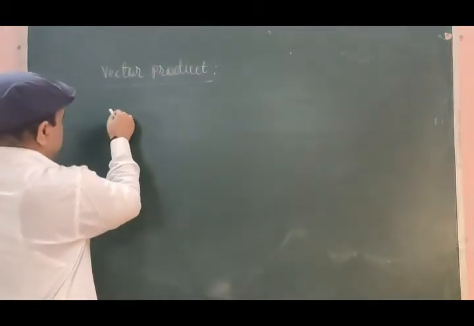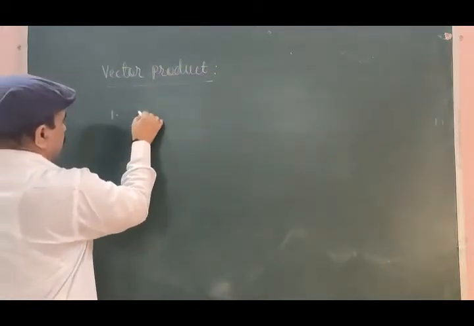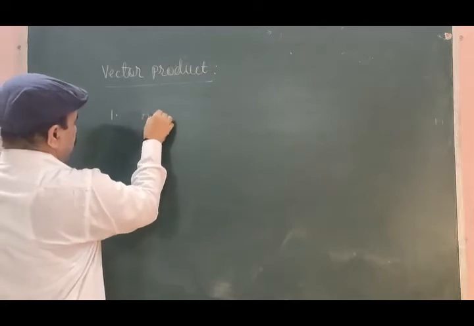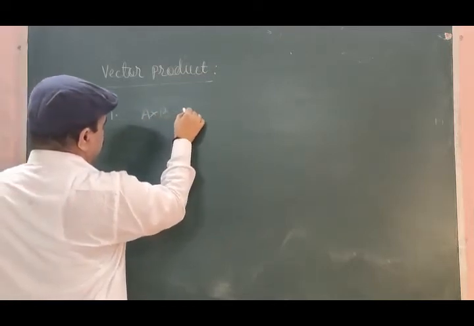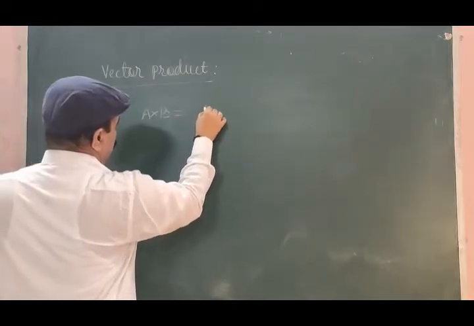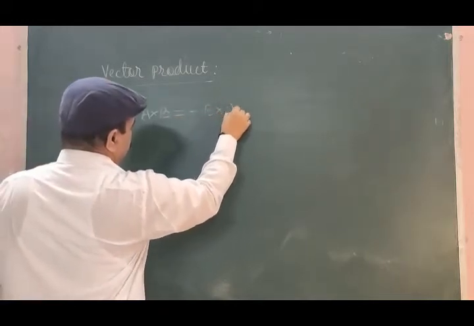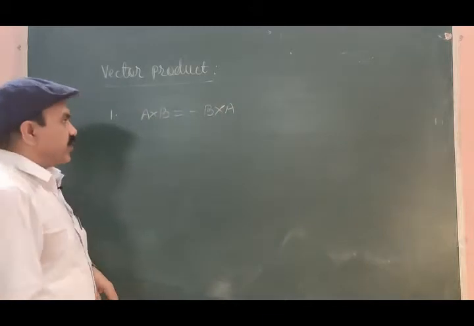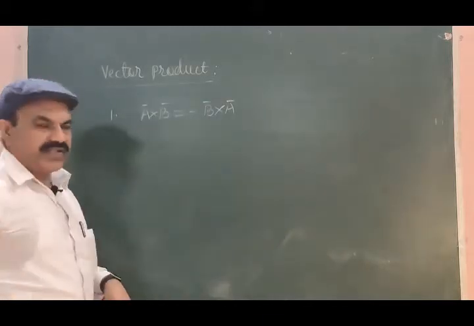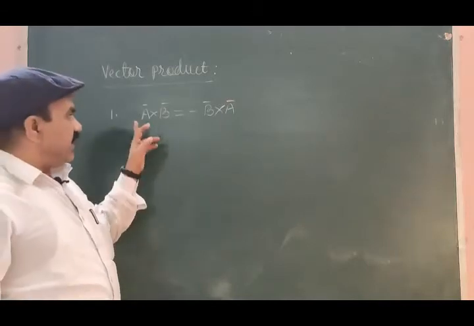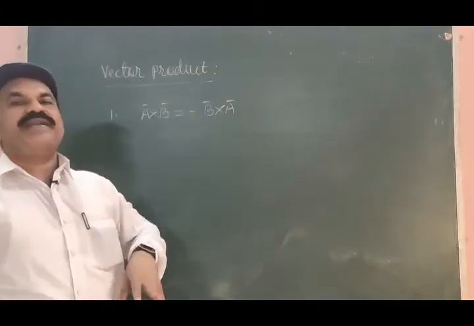The first property is A cross B is equal to minus B cross A. A is vector, B is vector. A cross B is equal to minus B cross A.